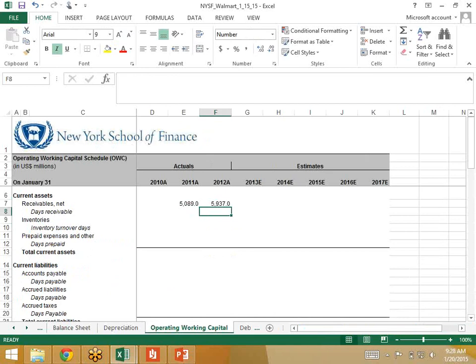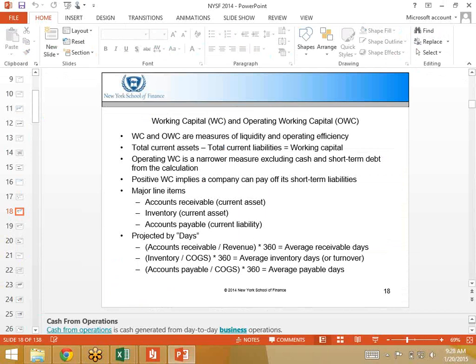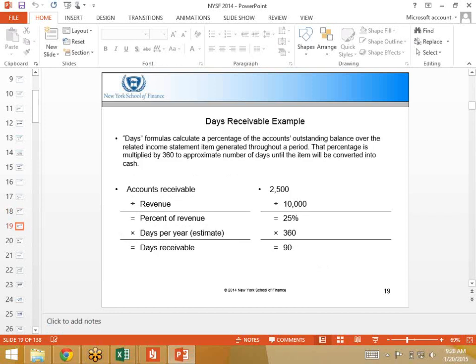Okay, and so I mentioned the formula of working capital, of accounts receivable: accounts receivable divided by revenue times 360, right? It's what percentage of receivables are of revenue, and that gives us a percentage, and we multiply that by 360 because that gives us an equivalent number of days in a year. This is the example I've given you guys before.